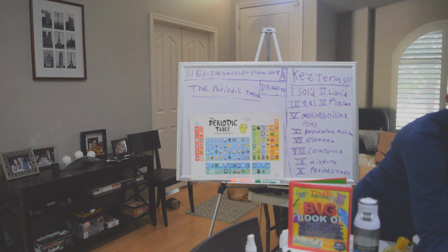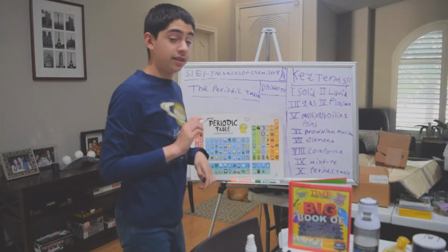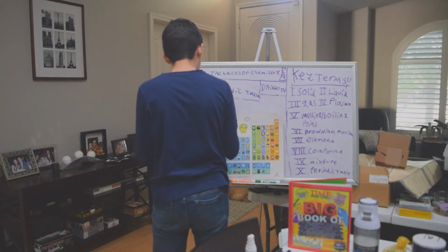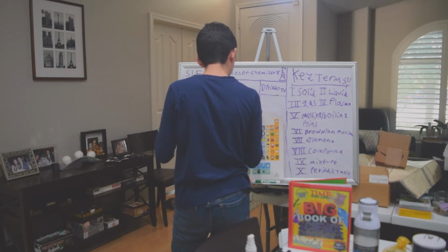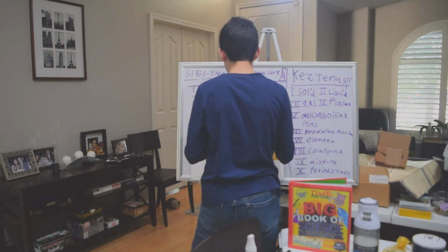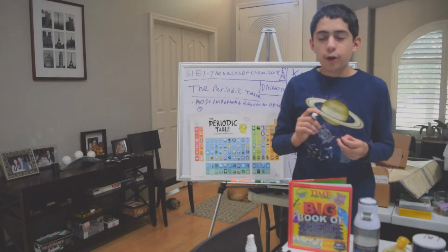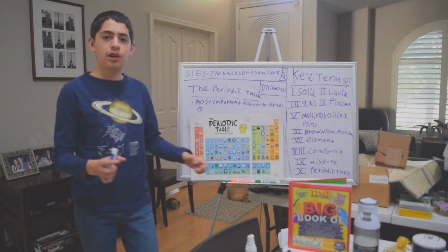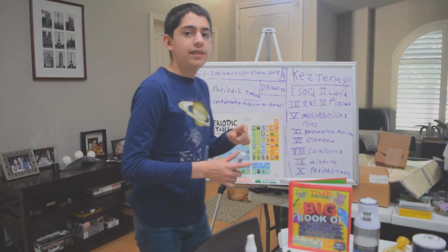Most scientists around the world say it is one of the most important discoveries of all time. Basically, the periodic table is a chart that organizes all the elements, all 119, into different categories.